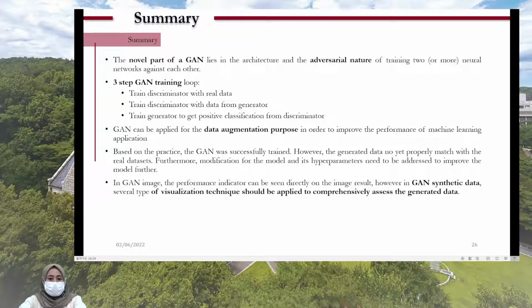In GAN for images, the performance can be seen directly from the image result. However, for GAN synthetic data, several types of visualization need to be used to comprehensively assess the generated data.